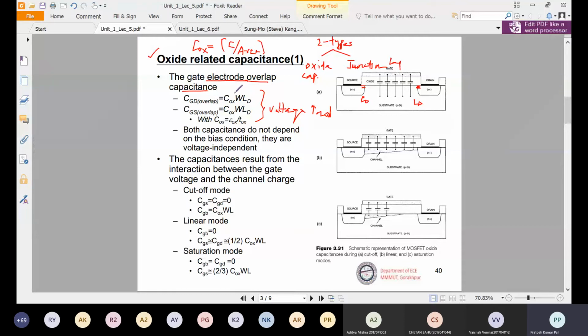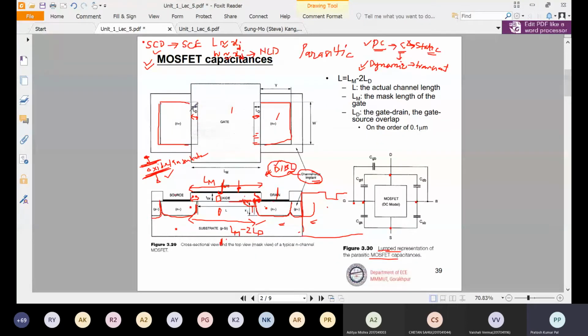Once it is defined as capacitance per unit area, in COX we are multiplying the area of the overlap region. This is the front view, side view. Just see here, this is the top view. This is the width of your channel, and this will be the length of your overlap region.